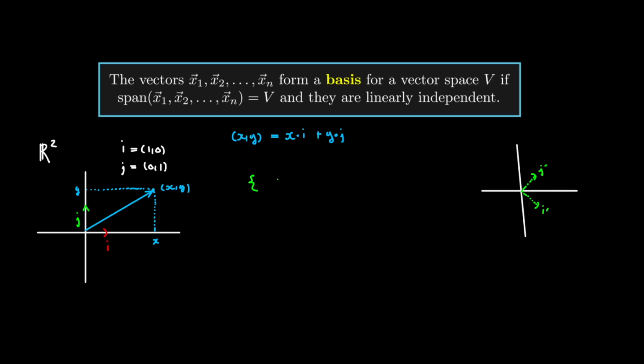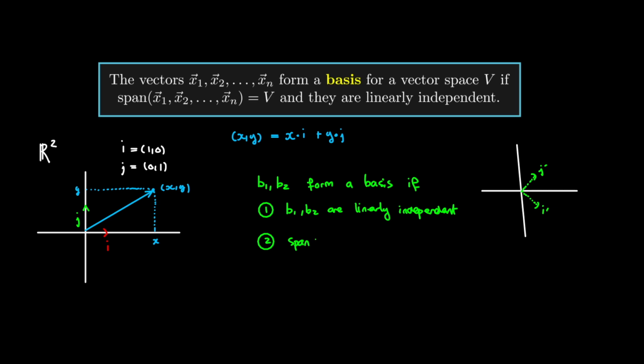So we say, for a vector space, if we give two vectors, b1 and b2, we say that these form a basis if, on the one hand, they're linearly independent, and two, the span of these two is equal to the entire space.